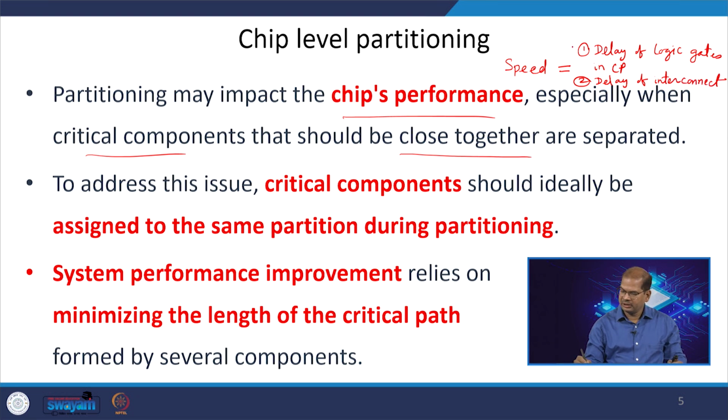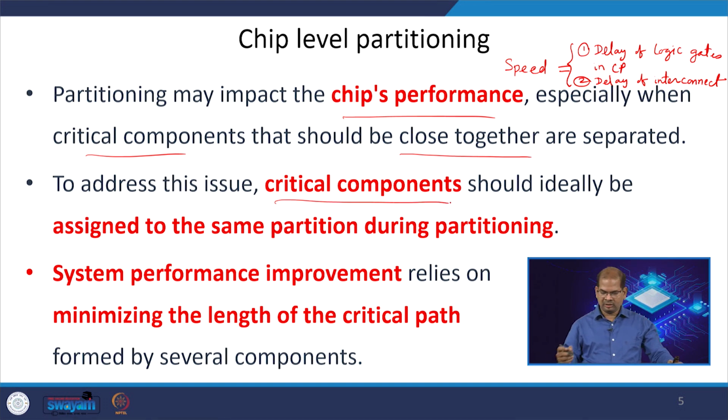We already have the logic gates from the logic synthesis flow, and the interconnect connecting them should be as minimum as possible to improve the chip's performance or speed. So, the critical components, the critical path or the longest path in the design, should be assigned to the same partition.